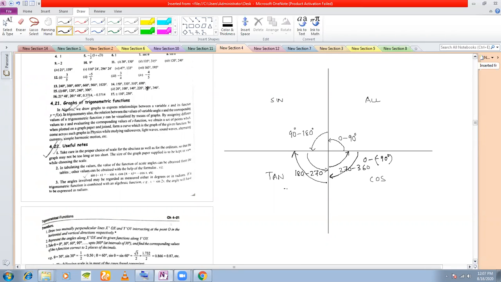This will become minus 90 to minus 180. Understood? This will become minus 180 to minus 270, and this will become minus 270 to minus 360.